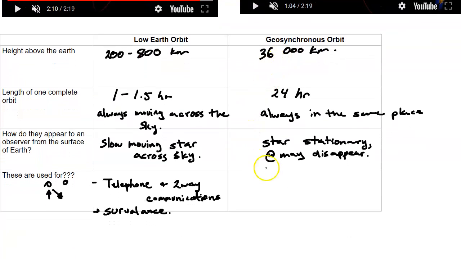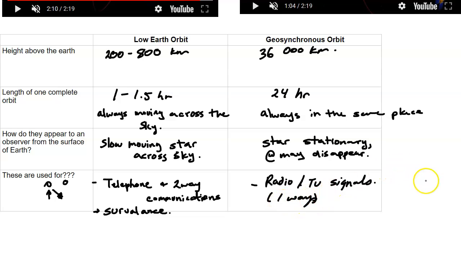Geosynchronous satellites a lot of times are used for radio and TV signals, and specifically we're looking usually at one-way communication.